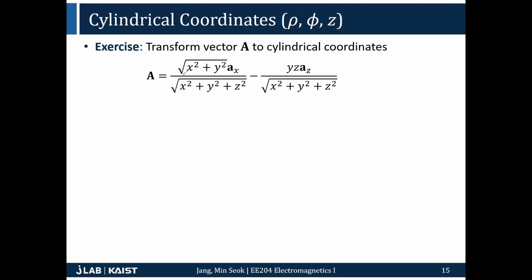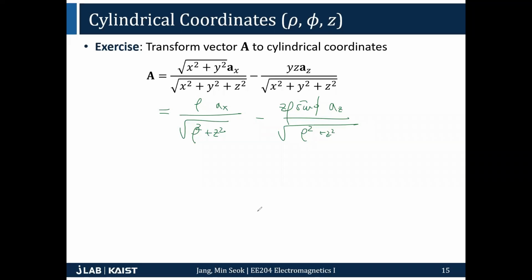So we can change this into, so x squared plus y squared is just rho squared, right? And then here it's rho squared z squared, and ax minus yz is what? Rho sine phi z az, and then rho squared z squared, right?